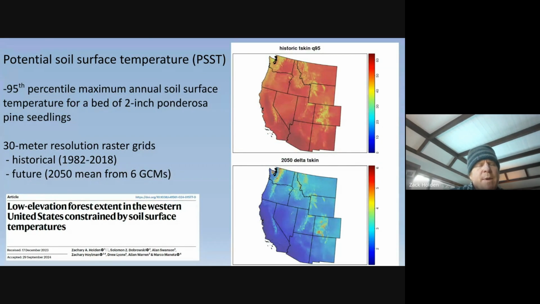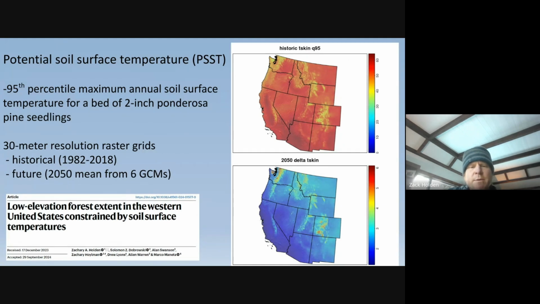And the other climatic input is something we call potential soil surface temperature. Here we've taken basically a surface energy balance model. We simulate temperatures at the ground surface, which we know affect seedling survival, and done that under a very sparse canopy, assuming basically post-fire like conditions.